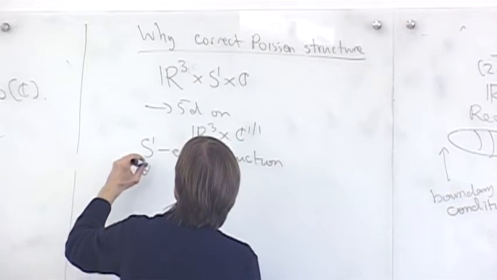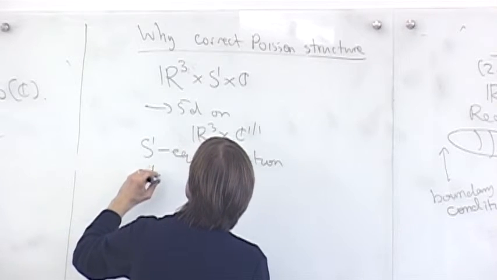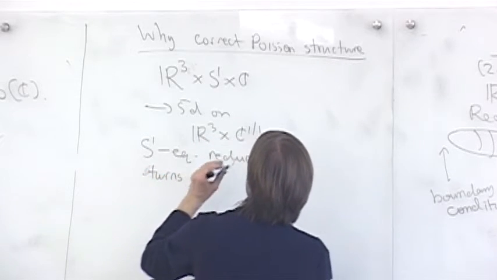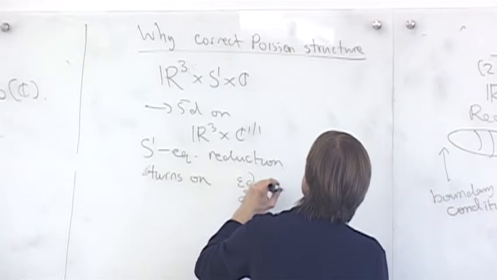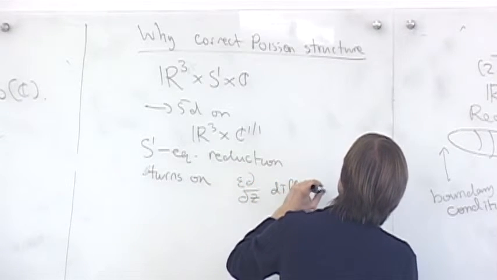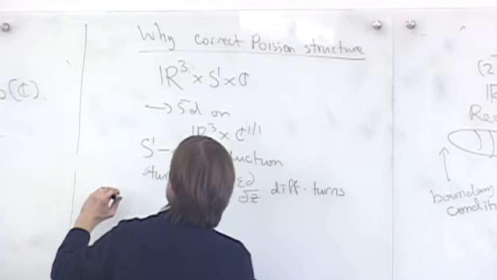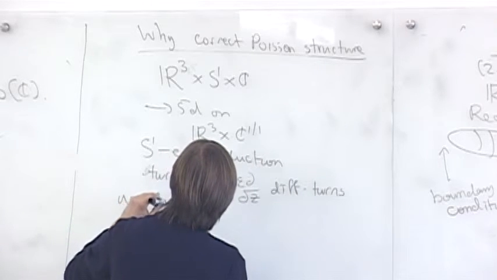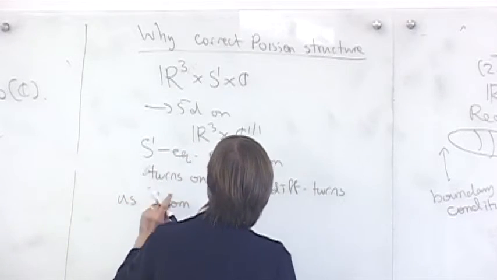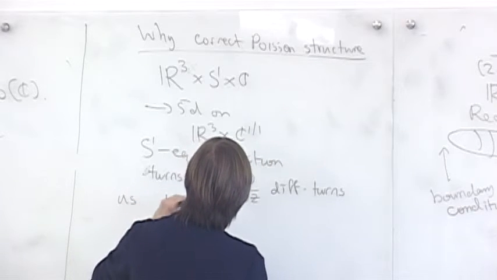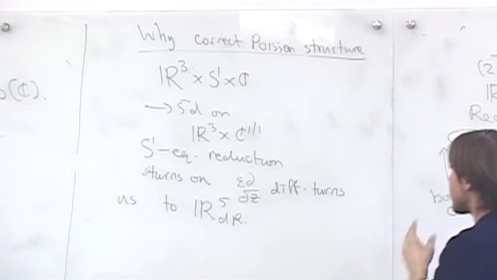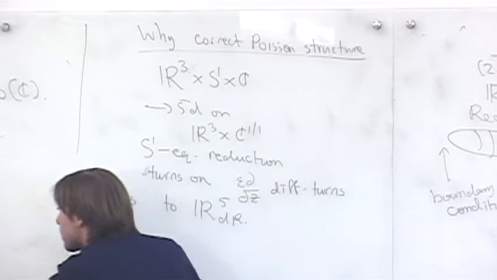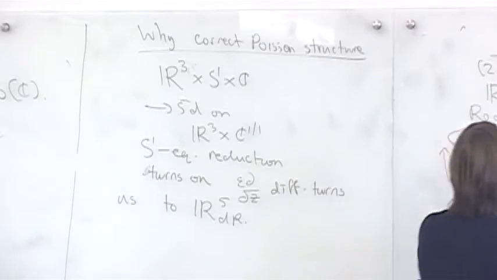And this deforms, this turns on this epsilon d by dz differential, which turns us to R5 to RAM. So once we do it S1 equivariantly, of course, what we expect to find is actually opers.